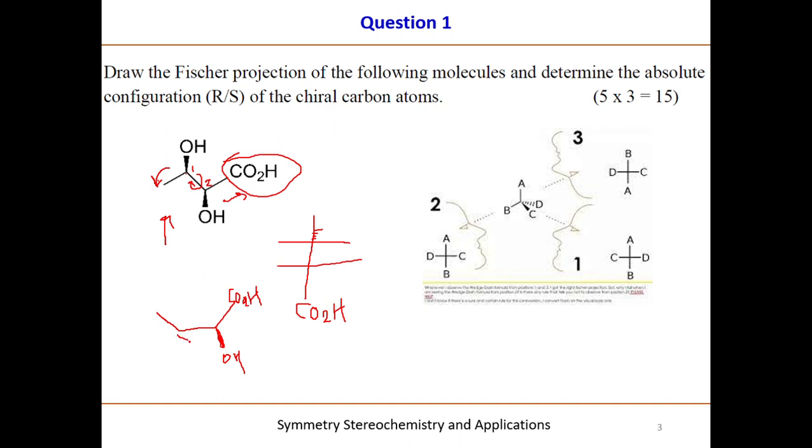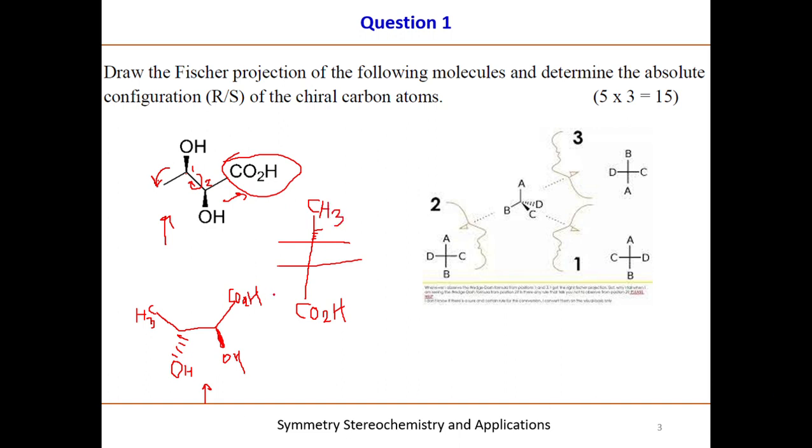So the front side hydroxy group will go to the back side of the plane, and we will get here OH, and this CH3 will go to the other side of the plane, away from ourselves if we are looking from this direction. So now it becomes easy to draw, right? CH3 group will be on the vertical line because it's representing the back side of the plane.